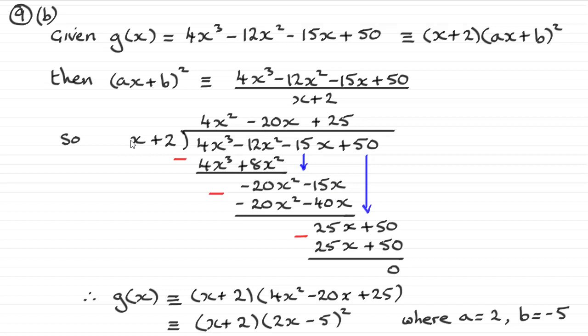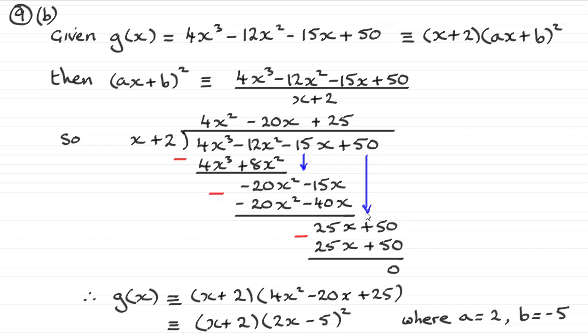What do you multiply the x by to give that minus 20x squared? It is that minus 20x. So you do minus 20x times x plus 2, and it gives you minus 20x squared minus 40x. And again, you subtract to work out the remainder. And you end up with that 25x. Bring down the next term, the 50.